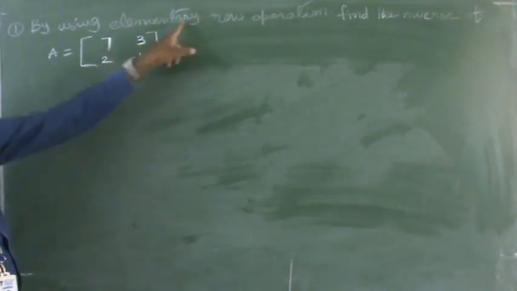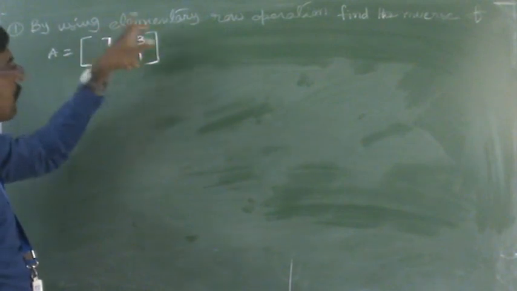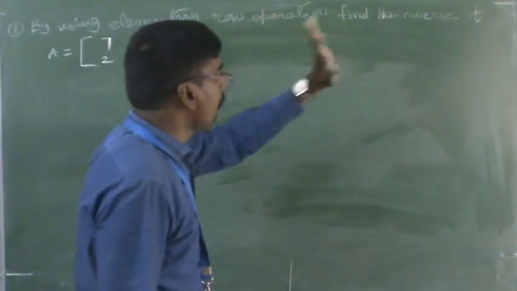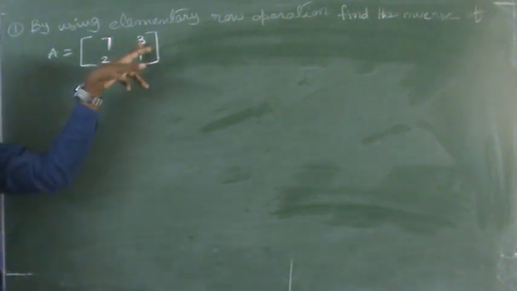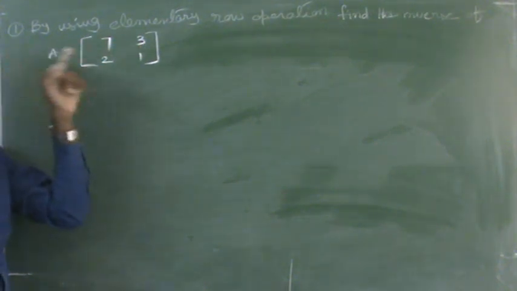By using elementary row operation, how to find its inverse?